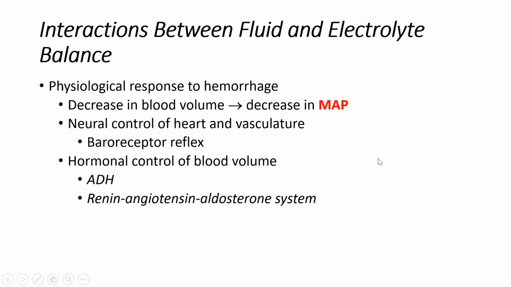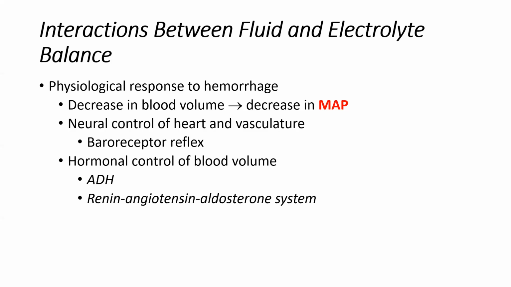Alrighty. Okay, so we can also speak about the response to hemorrhage. So a part of the physiologic response to hemorrhage or to losing excess blood volume is one, to decrease the blood volume, which is decreasing the mean arterial pressure. Two, we're going to increase the neurocontrol to the heart, right?